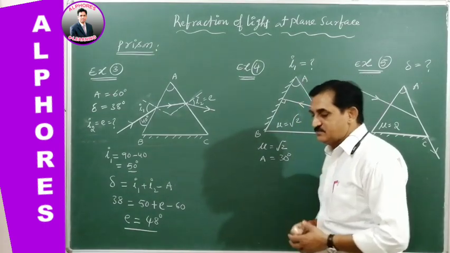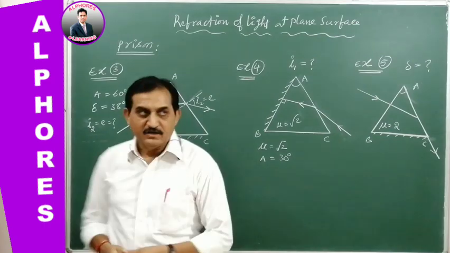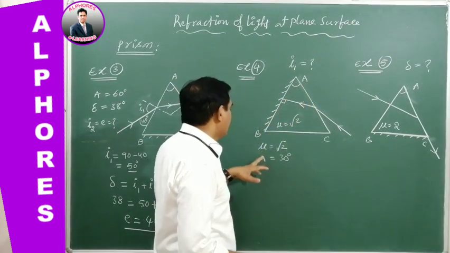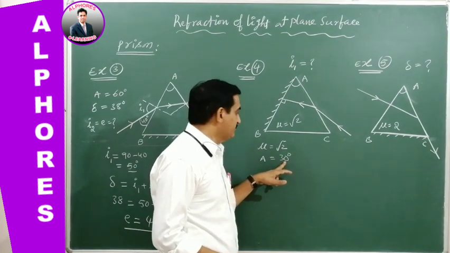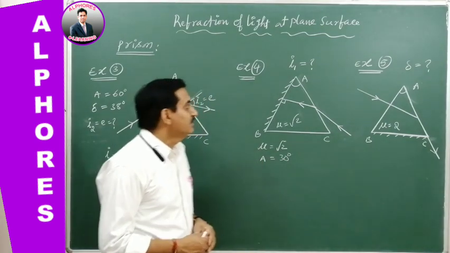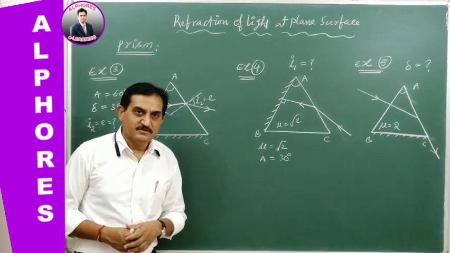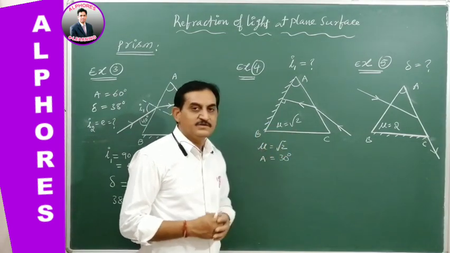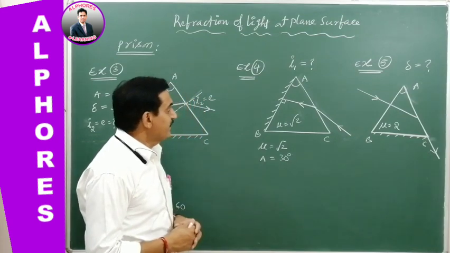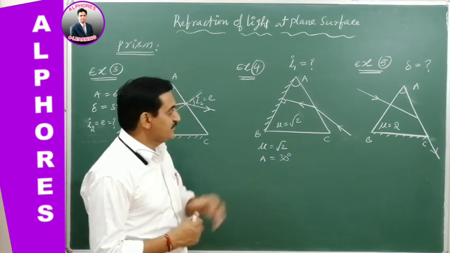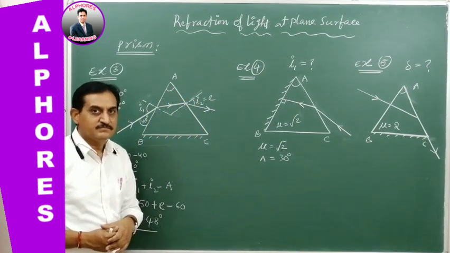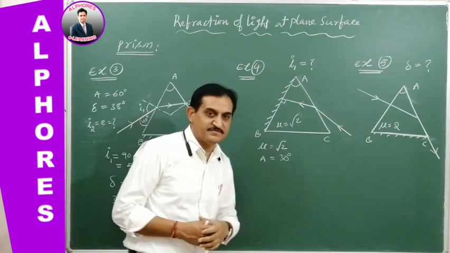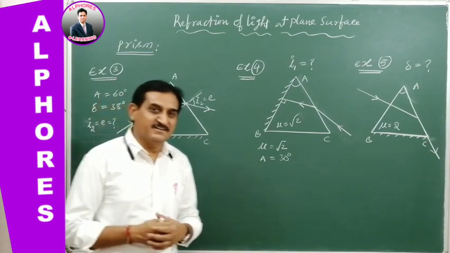In this case, there is a prism of refracting angle 30 degree, and the refractive index of the material of the prism is √2. A ray of light is incident on the refracting surface AC as shown in the diagram, but the other refracting surface AB is silvered.